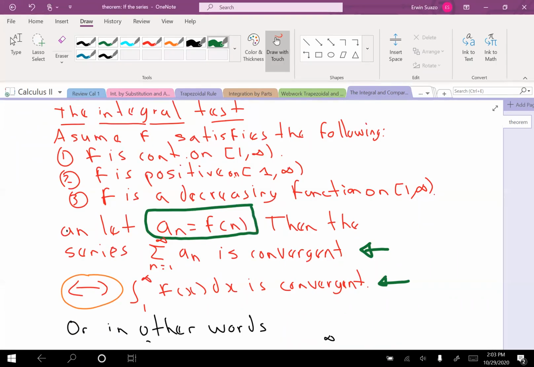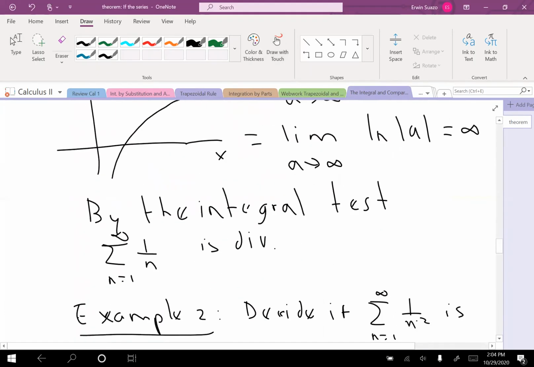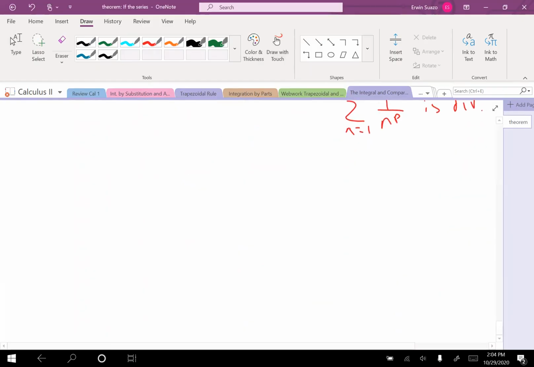But f must be continuous, positive, and decreasing on 1 to infinity. Continuous and positive are easy. Decreasing usually takes a little bit. So let's make a new example of this.